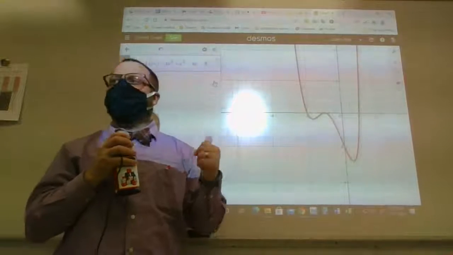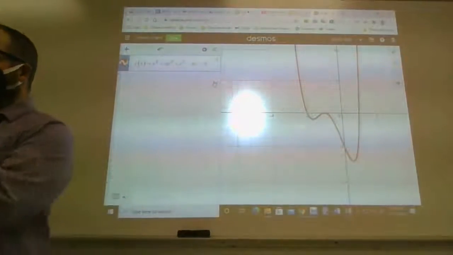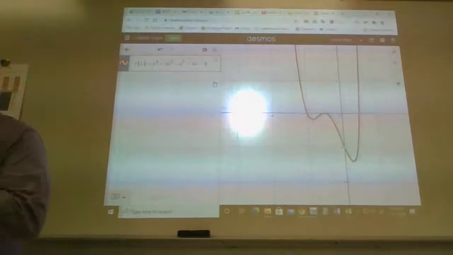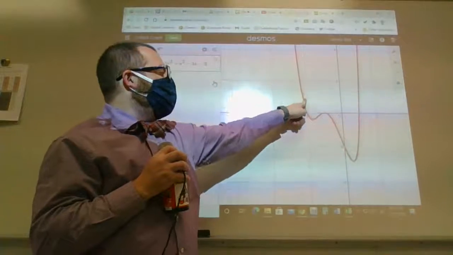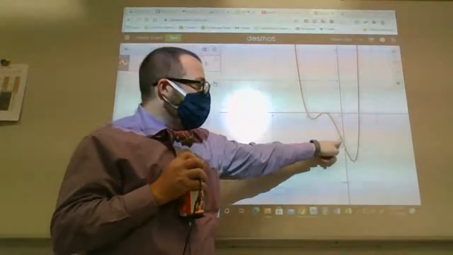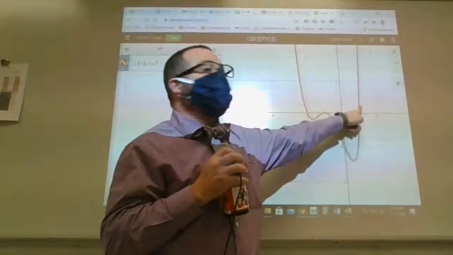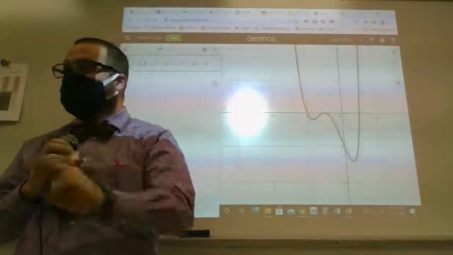How many turning points are in this graph? So it's going down, then up. That's a turning point. Then down, that's 2. Then up, that's 3. There are 3 turning points of this graph.